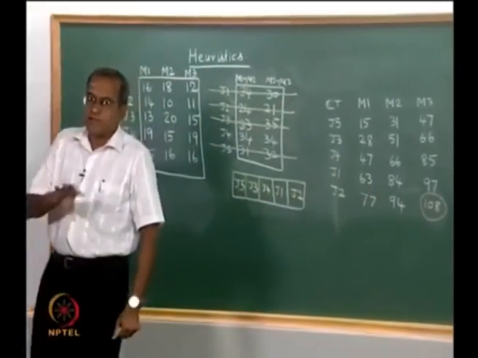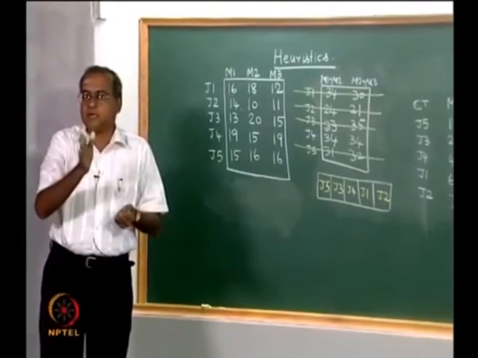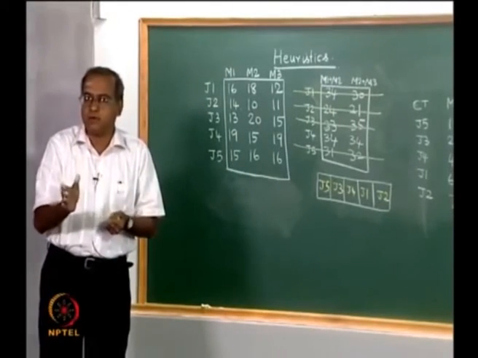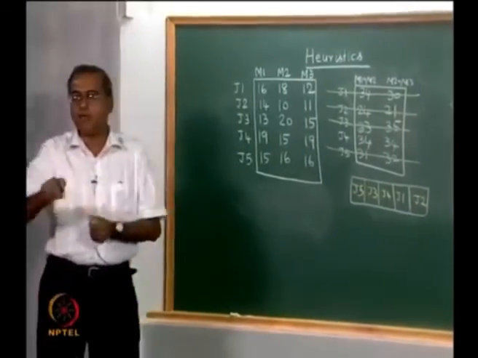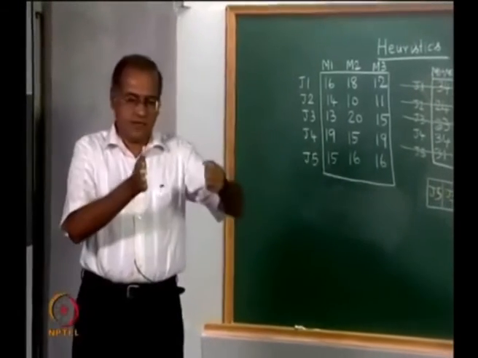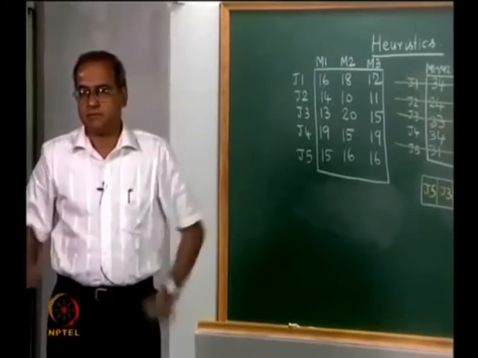Right. So, what we have done right now is we have simply applied the Johnson's extension algorithm to a 3 machine problem and created an equivalent 2 machine problem with M1 plus M2 and with M2 plus M3.